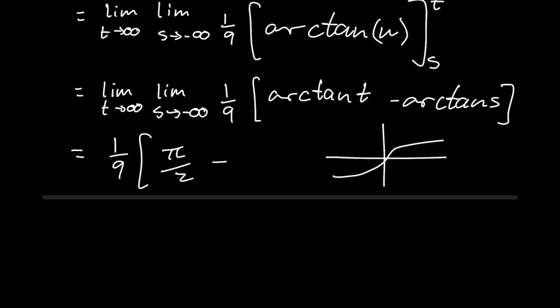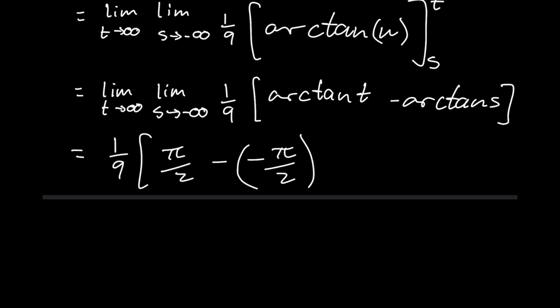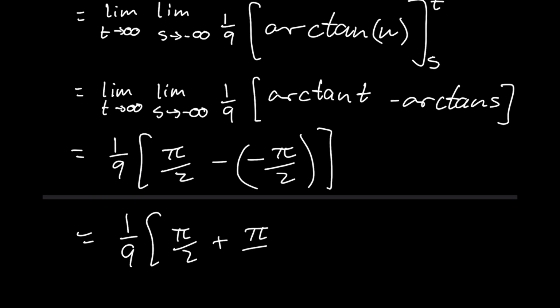So as s approaches negative infinity, arctan of s approaches negative pi by 2, sorry. So you substitute in negative pi by 2. Now we have 1 over 9 into pi by 2 plus pi by 2, which is just equal to 1 over 9 times pi, so pi over 9. And that's the integral solved.